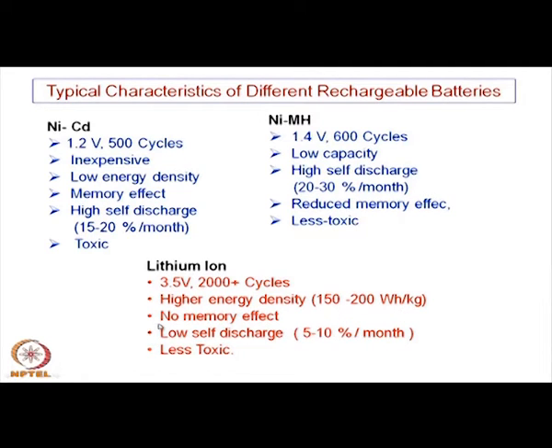No memory effect, that is an advantage, and low self discharge, 5 to 10% per month compared to more than around 20% for other rechargeable batteries, and less toxic. Of course, although it is less toxic, there is some problem, we will discuss that later. Some of the chemicals used are not very safe. So, safety is certainly an issue which has not been mentioned here. But even then, because the advantages are much more, it compensates the other disadvantages.